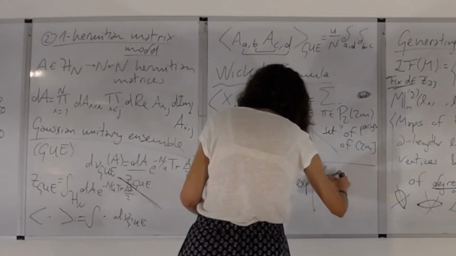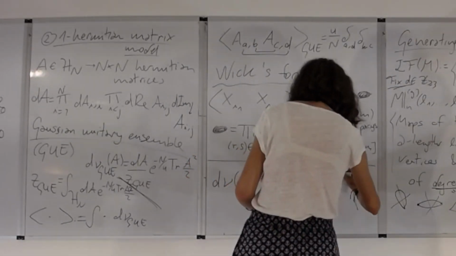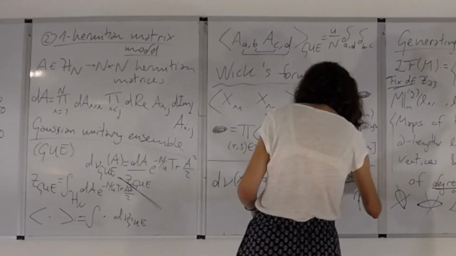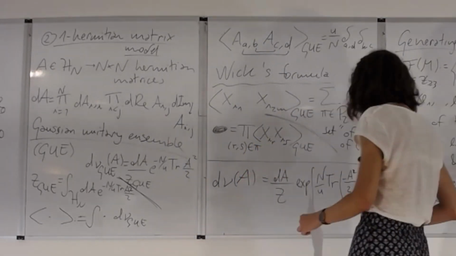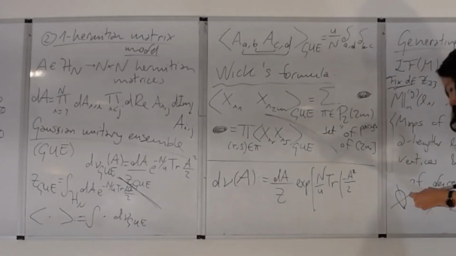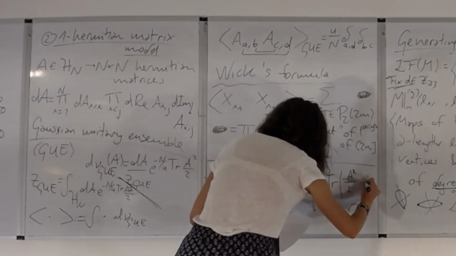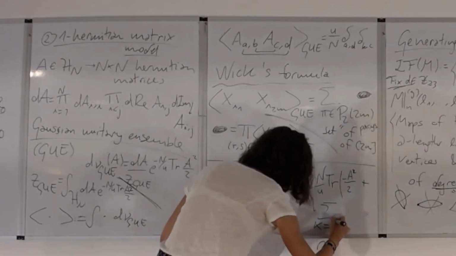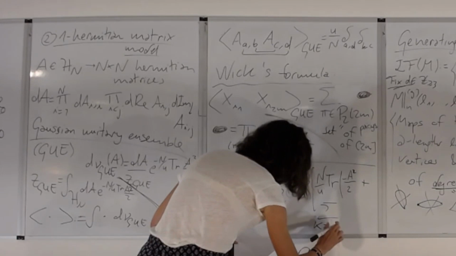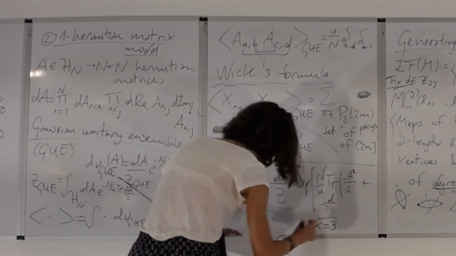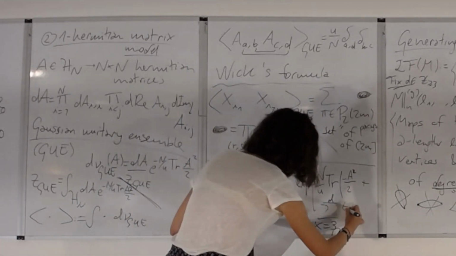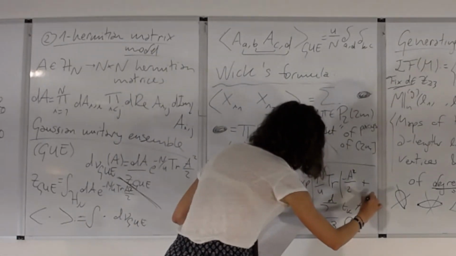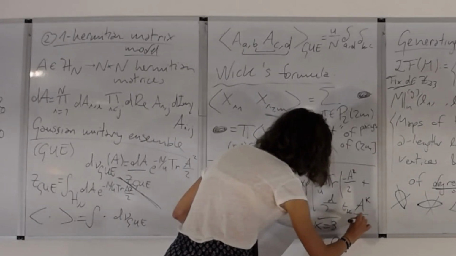So here we take exponential of n over u again, trace of just the Gaussian guy, a squared over 2, plus the sum from k equals 3 to d of t_k, and t_k will be the same as the t_k's in that formula, a to the k over k.